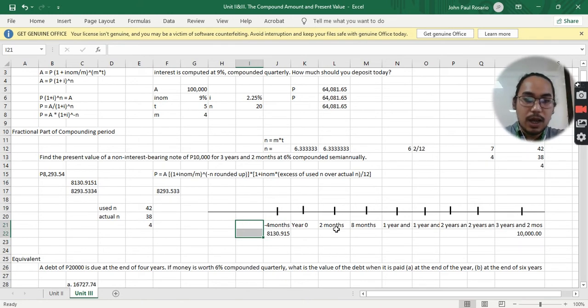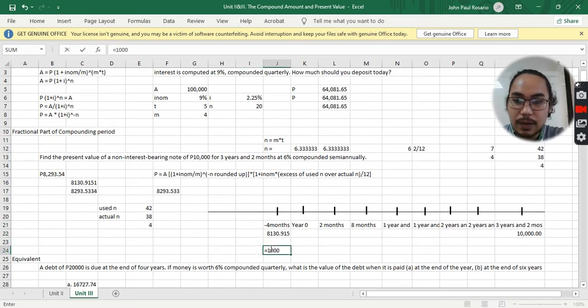Okay. So let's solve first for our present value using 7 compounding periods. So that should give us 10,000, and then we multiply that by 1 plus our i here, which is 6% compounded semi-annually. So that's 0.03, that's 0.06 over 2.